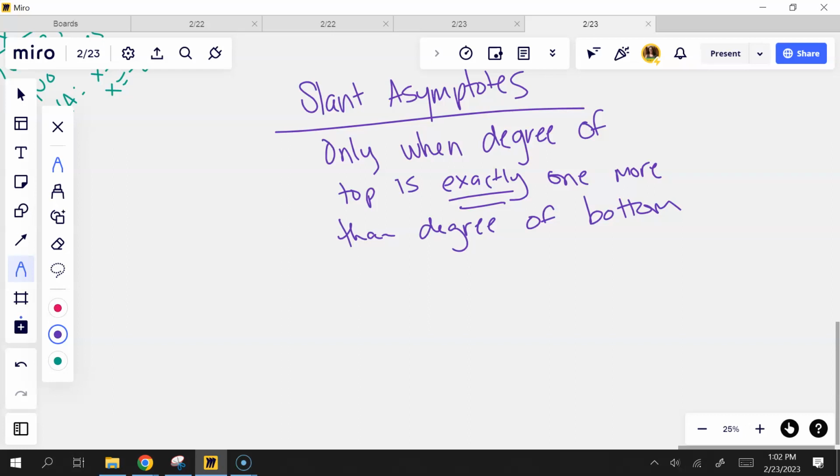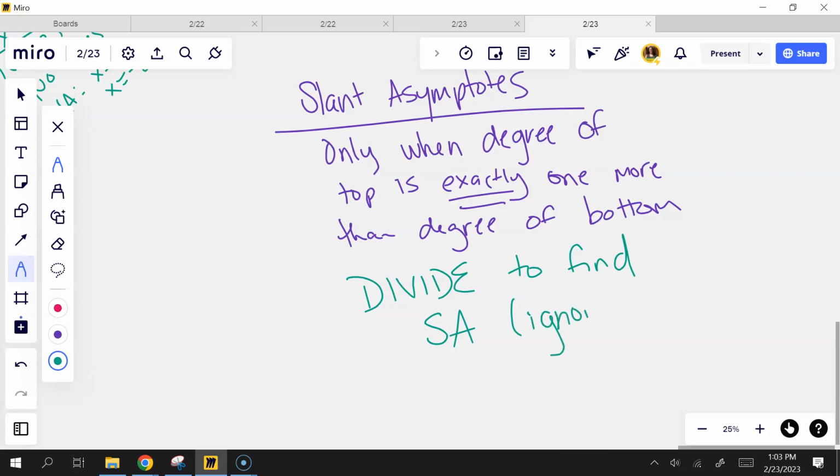We'll bring it all together with an example. All right, so you haven't asked me the important question. If you know you have it, how do you know where it is? You will get a remainder for these.